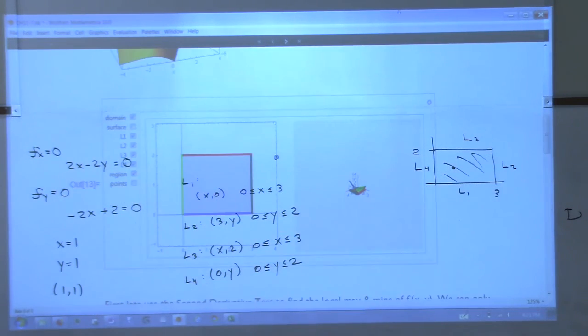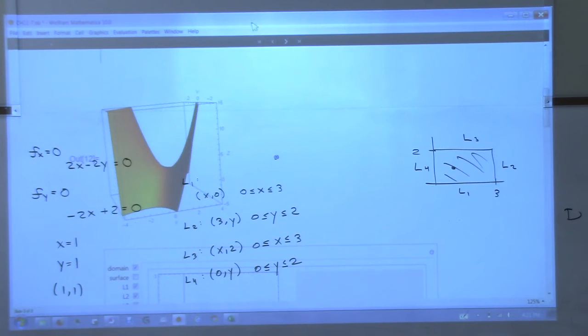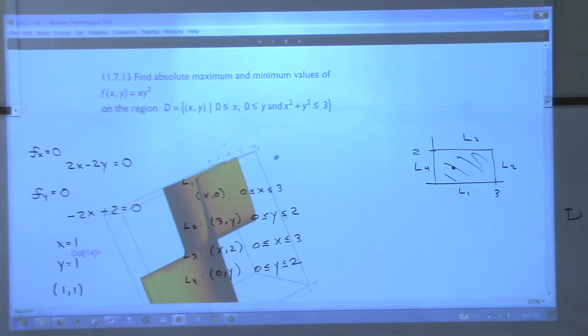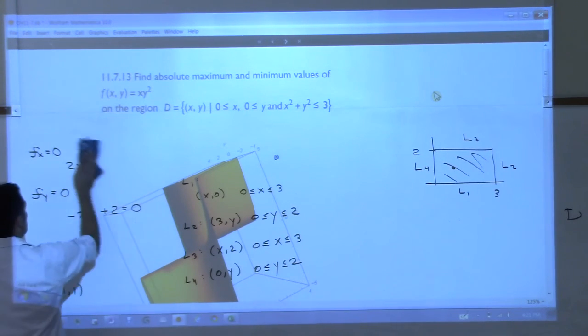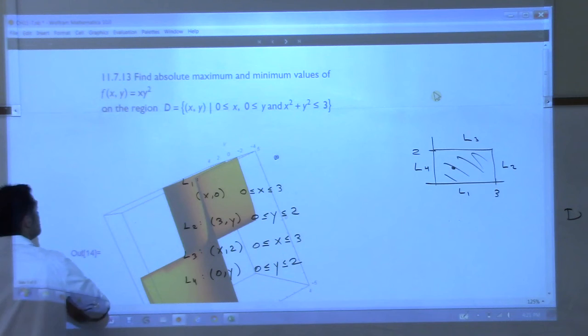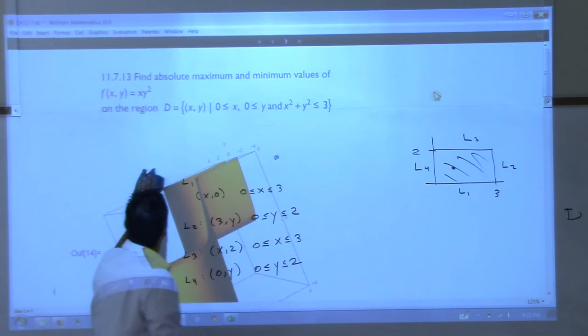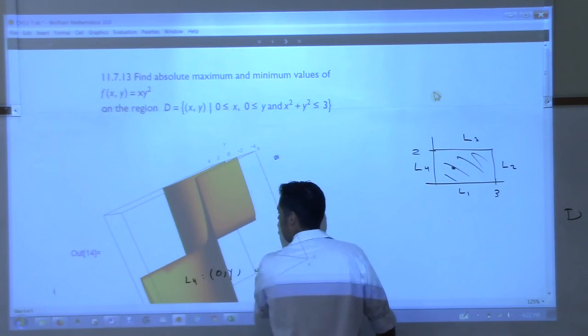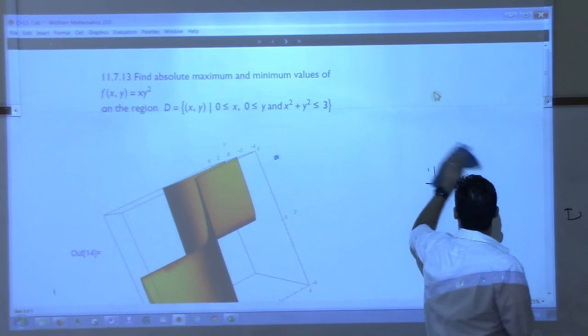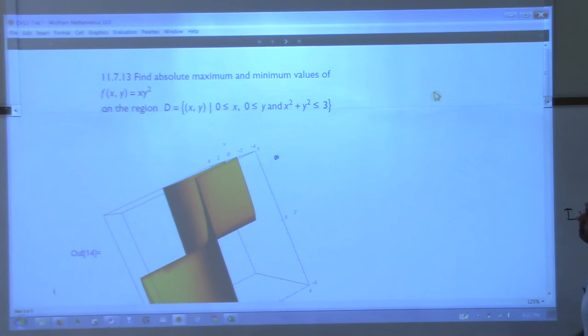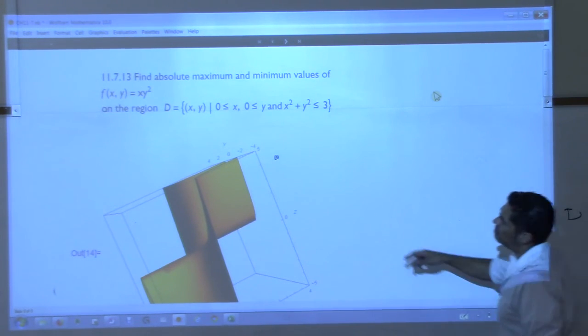Let's see if there's something a little more interesting than this. Ah, okay, this one's a more interesting one. We have this surface, xy squared, but look at our region. Our region is that x is bigger than 0.